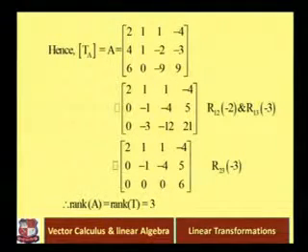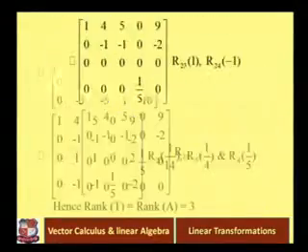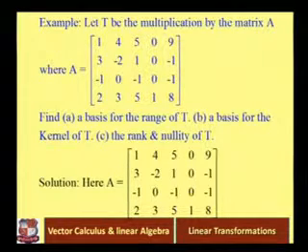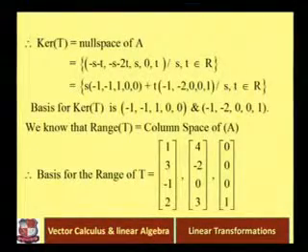And rank of T is the rank of this standard matrix, which is the number of non-zero rows in the row echelon form of this matrix, right? This is also one good example with the same question: we have to find range of T, kernel of T, and rank and nullity of T, right? We saw all this last time.